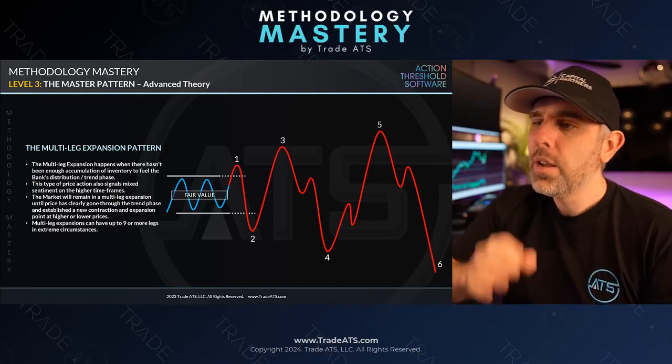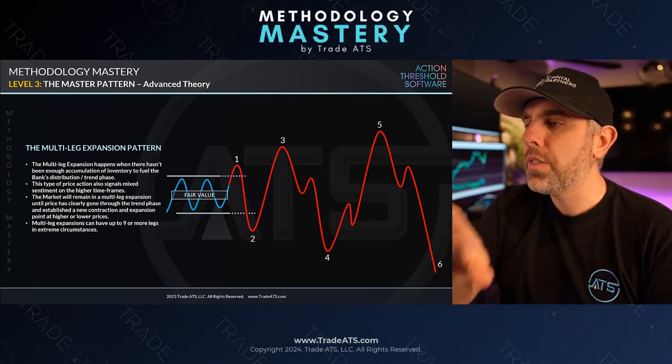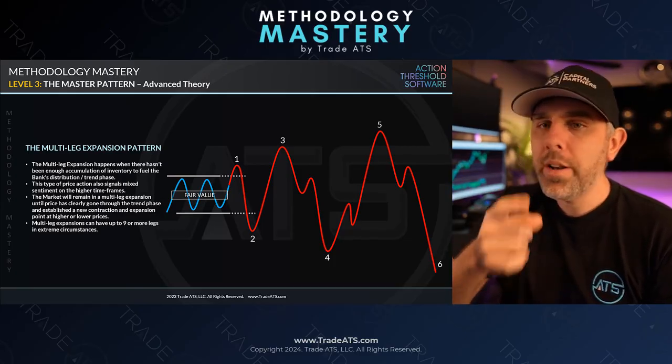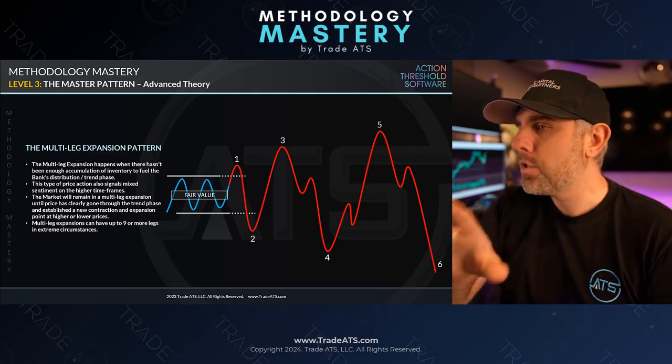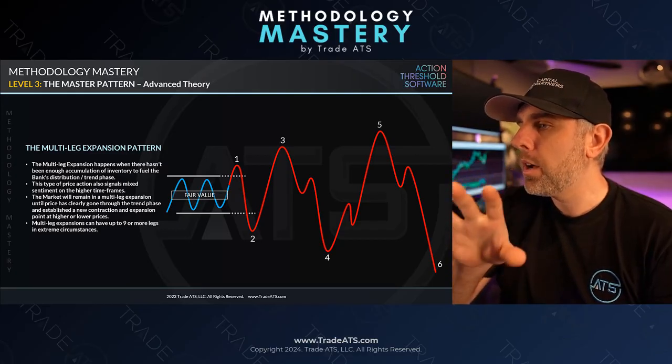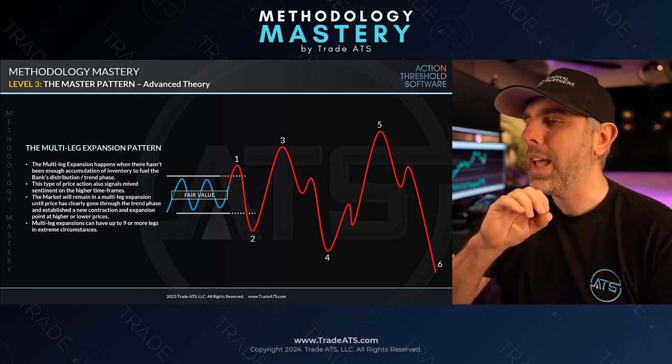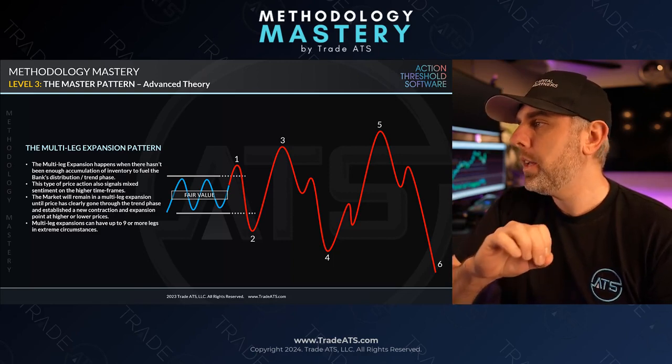But the reason that we look at this and we want to understand that we can't have these multiple legs is that, number 1, this is what destroys traders. If you get caught up trading this wrong and chasing these breakouts, you can lose a lot of money very quickly.